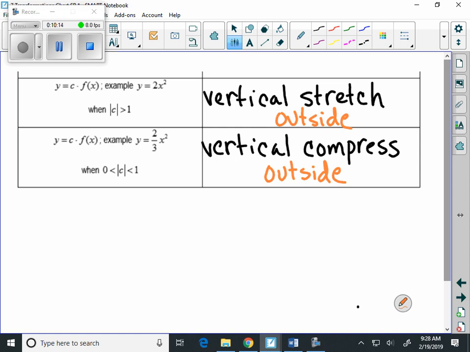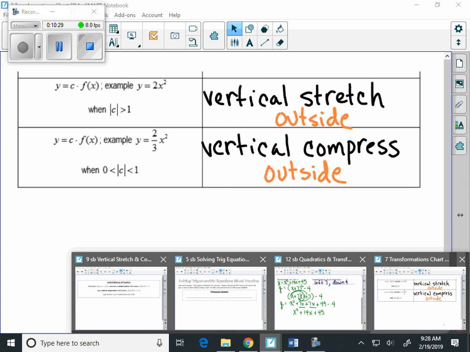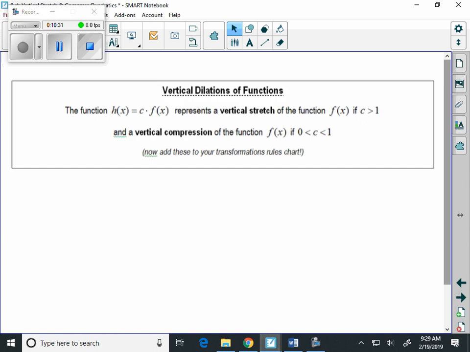Just as a little aside there. Again, we're not going to deal with horizontal in Algebra 2. We'll deal with it in pre-calculus. So when we flip back to our notes, we're going to turn the paper over.